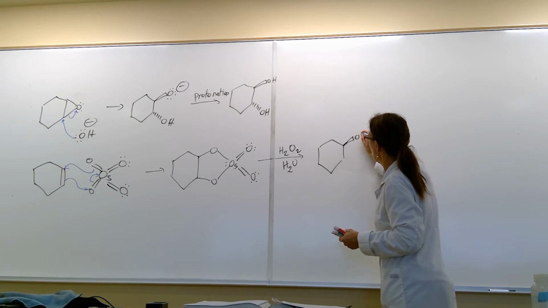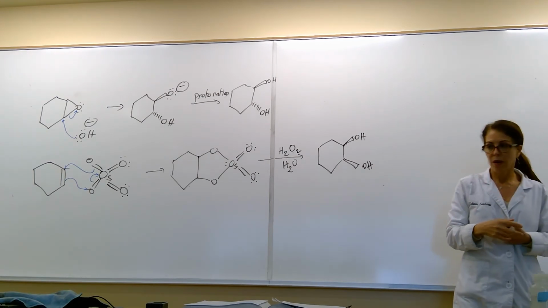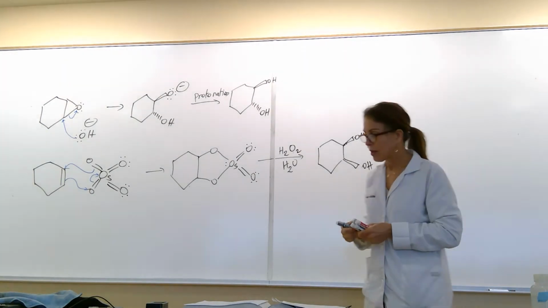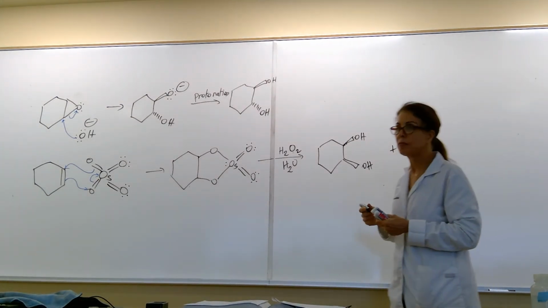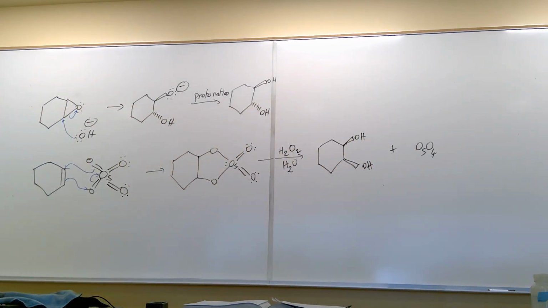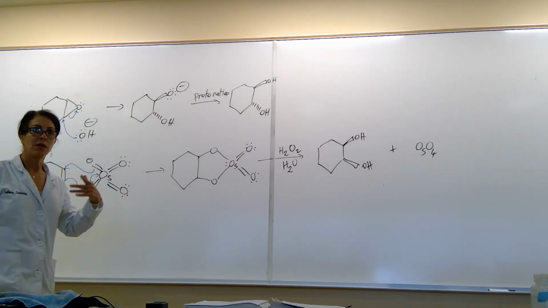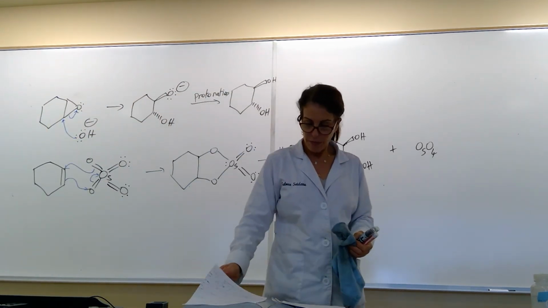So they're both on top, and that is the method to prepare a cis diol. Okay? And then it's plus OsO4. You get it back from the oxygen in the hydrogen. So if you want a trans diol, you're going to use an epoxide. If you want a cis diol, you need to use an alkene. Okay?